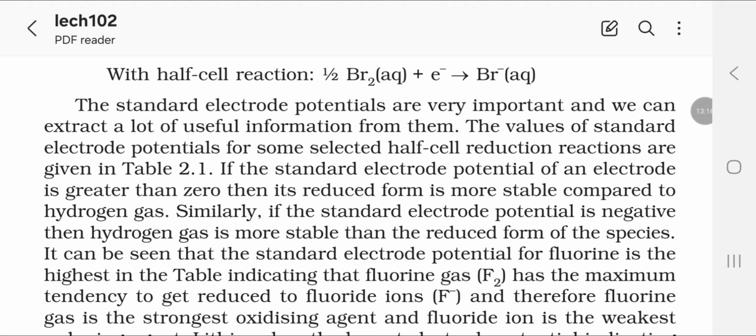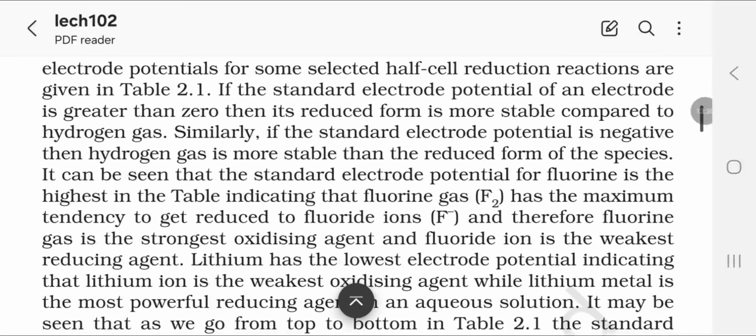Similarly, if the standard electrode potential is negative, then hydrogen gas is more stable than the reduced form of the species. It can be seen that the standard electrode potential for fluorine is the highest in the table, indicating that fluorine gas has the maximum tendency to get reduced to fluoride ions, and therefore fluorine gas is the strongest oxidizing agent and fluoride ion is the weakest reducing agent.